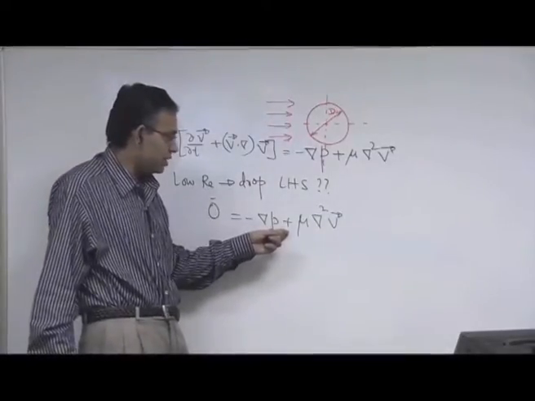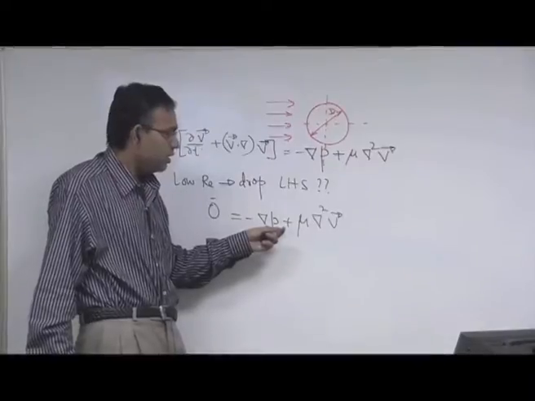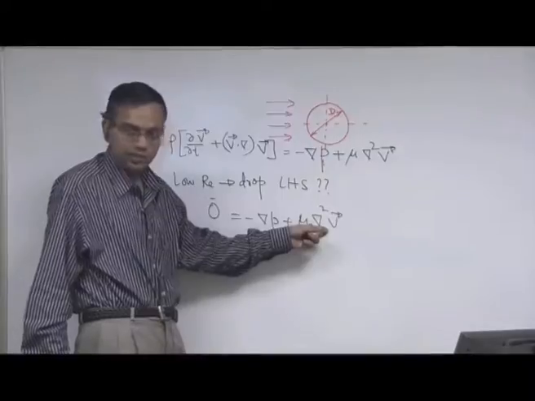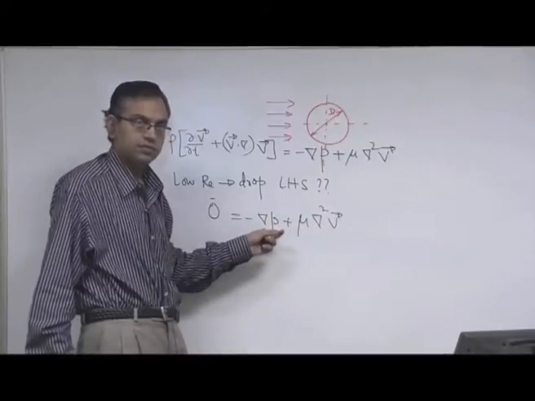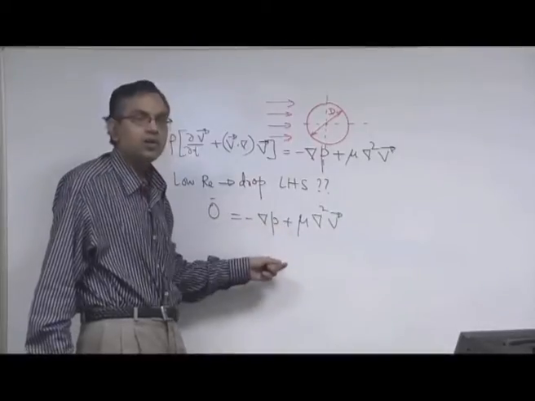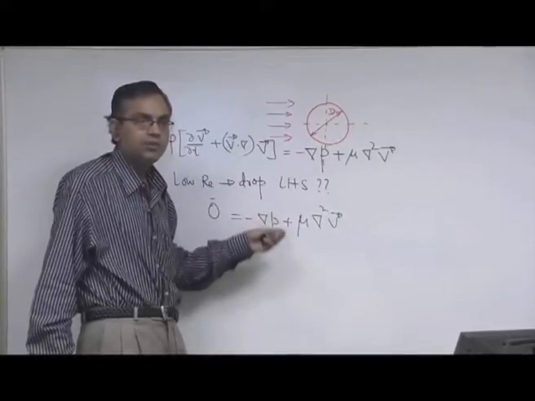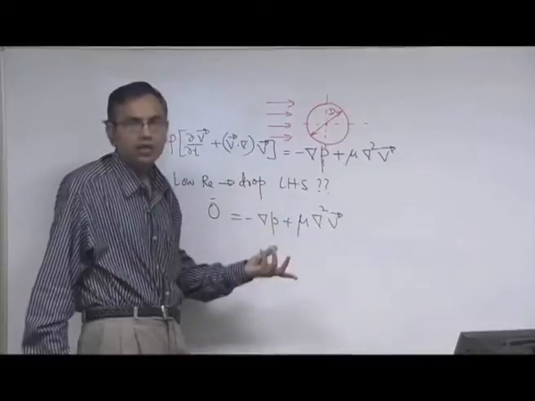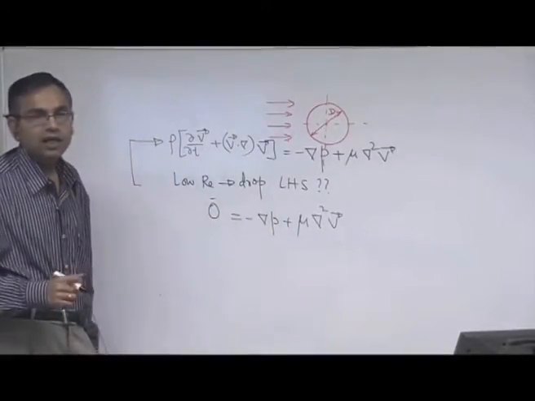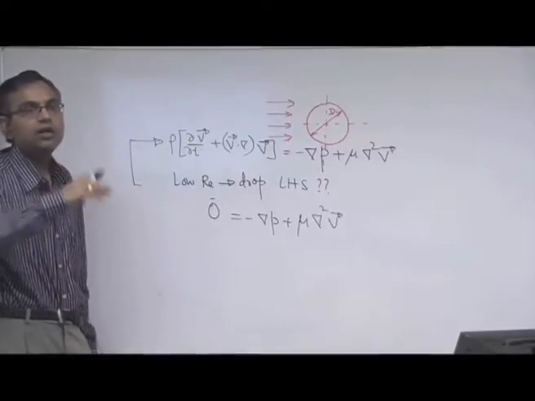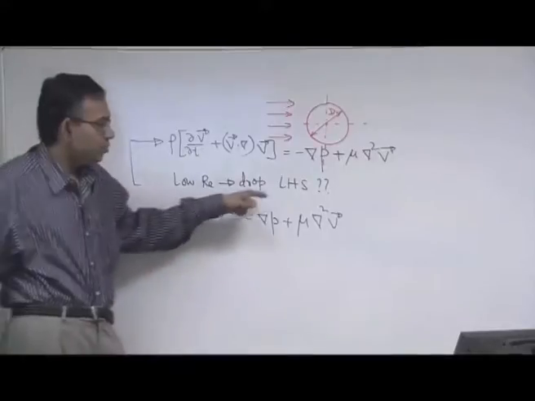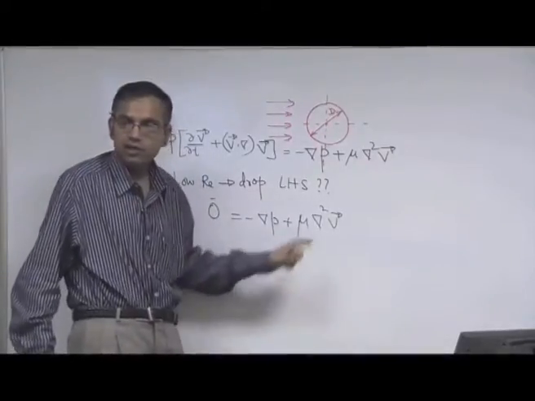So this equation involves how many unknowns? In general 3 velocity components and pressure. So you have 4 unknowns, and for an incompressible flow you have 4 governing equations also, so that closes the system. But analytically it is very difficult to couple the continuity equation with what? With the momentum equations, with the Navier-Stokes equation.